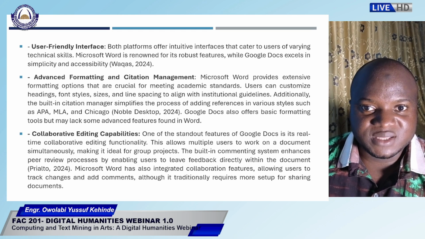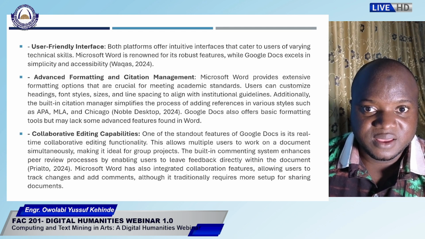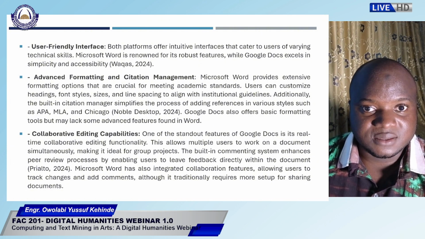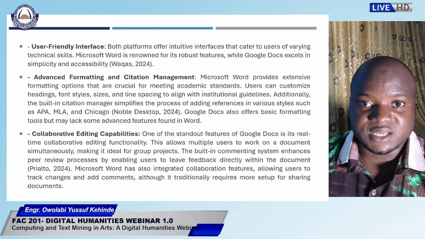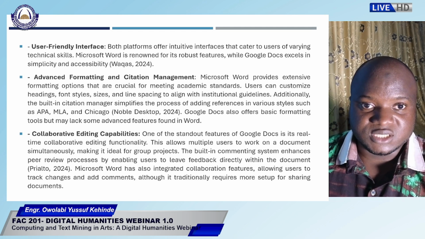The built-in commenting system enhances peer review processes by enabling users to leave feedback directly within the document. Microsoft Word also has integrated collaboration features, allowing users to track changes and add comments, although it traditionally requires more setup for sharing documents.